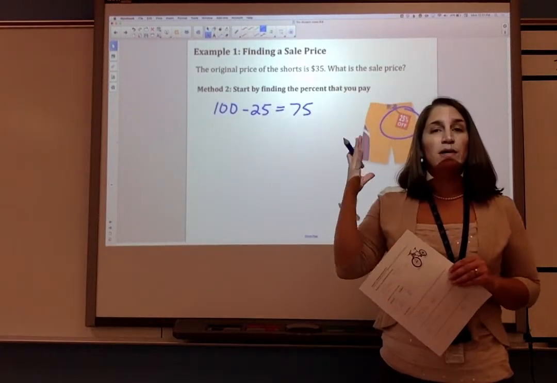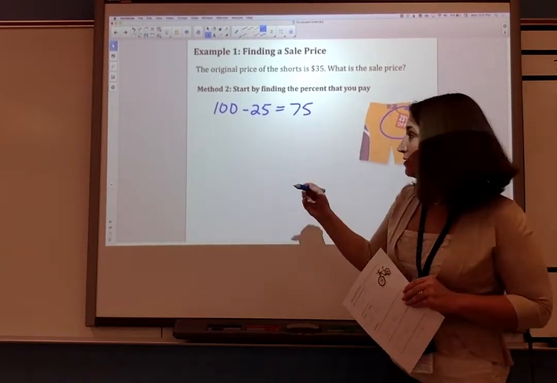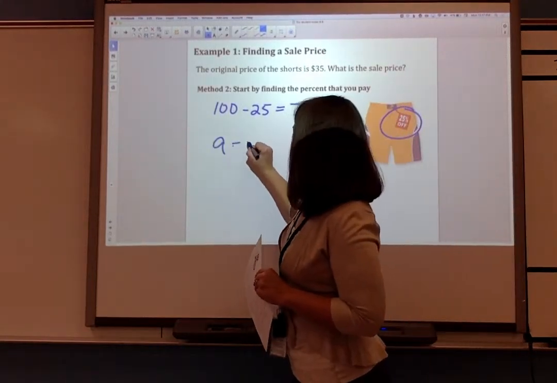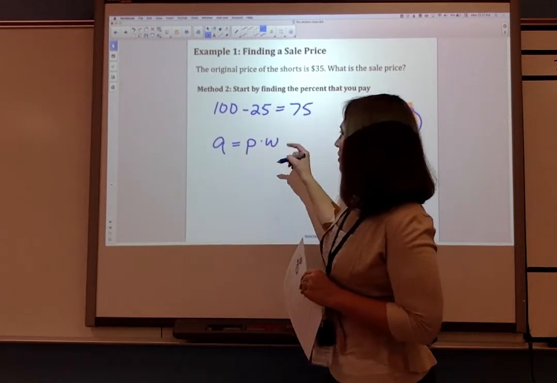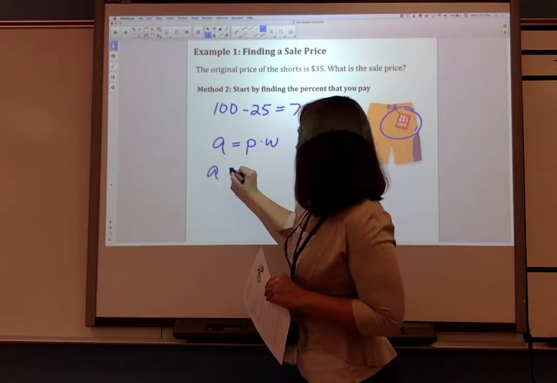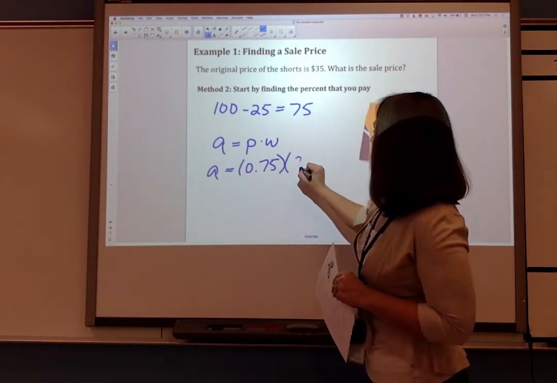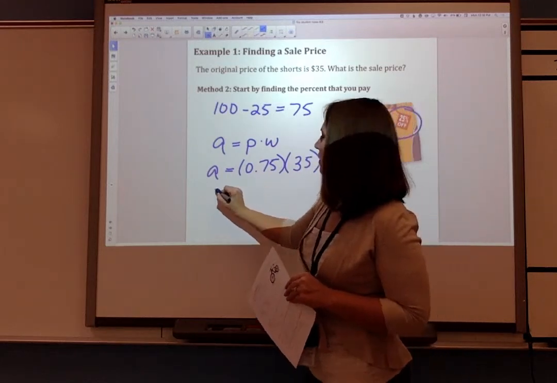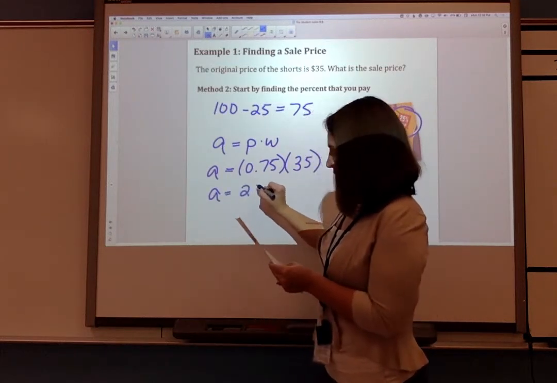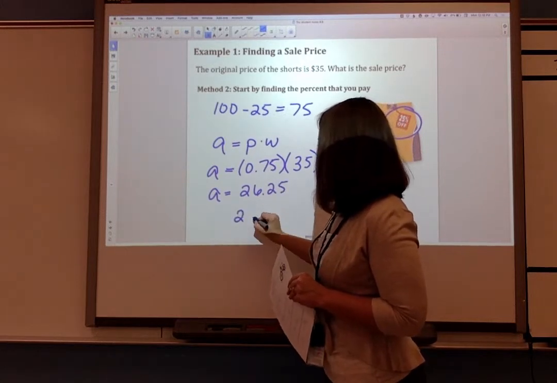So we can say, well, if it's 25% off, then we pay 75%. Then when we set up our percent equation, we're going to use 75% as our percent. A equals 0.75 times 35. And we get the same answer of $26.25.